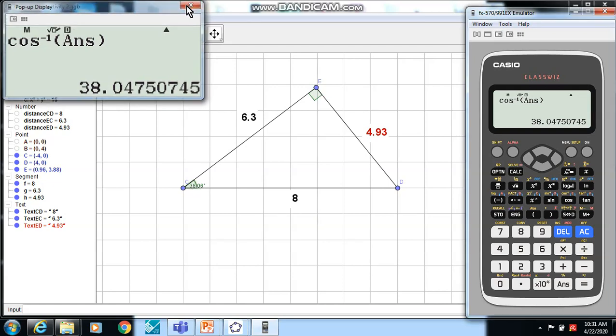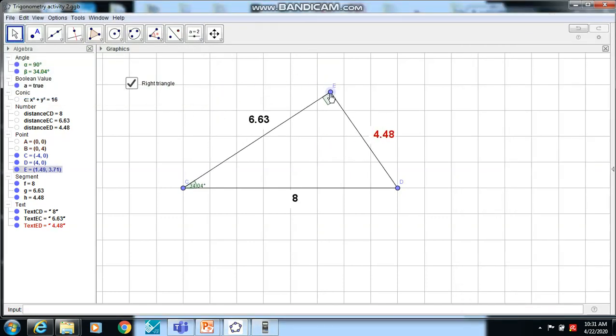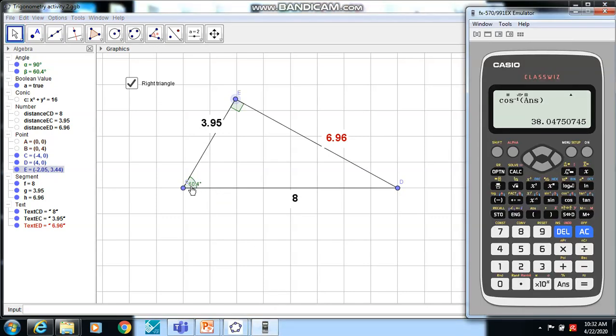Okay, if I change the values of the sides, I can also calculate with the tangent. How can I calculate the angle? Very easy. I can use sine or cosine or tangent. Let me use tangent now.